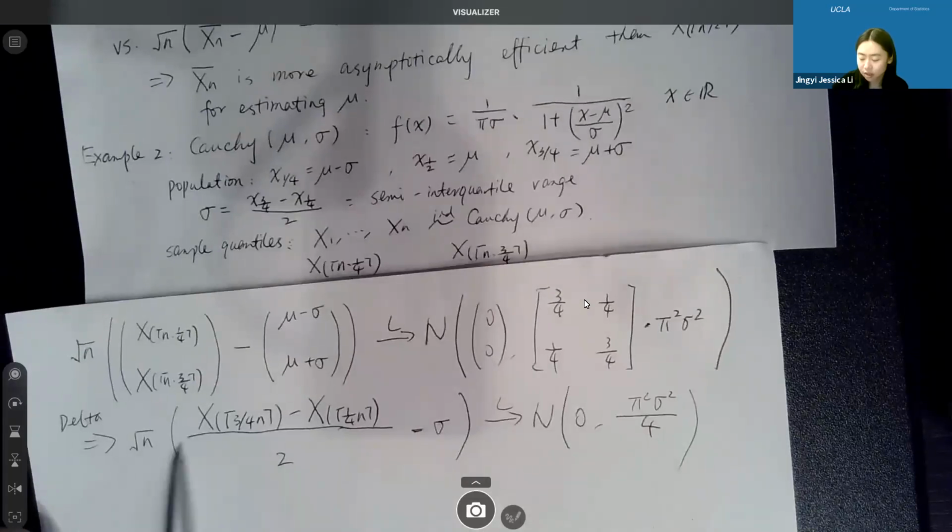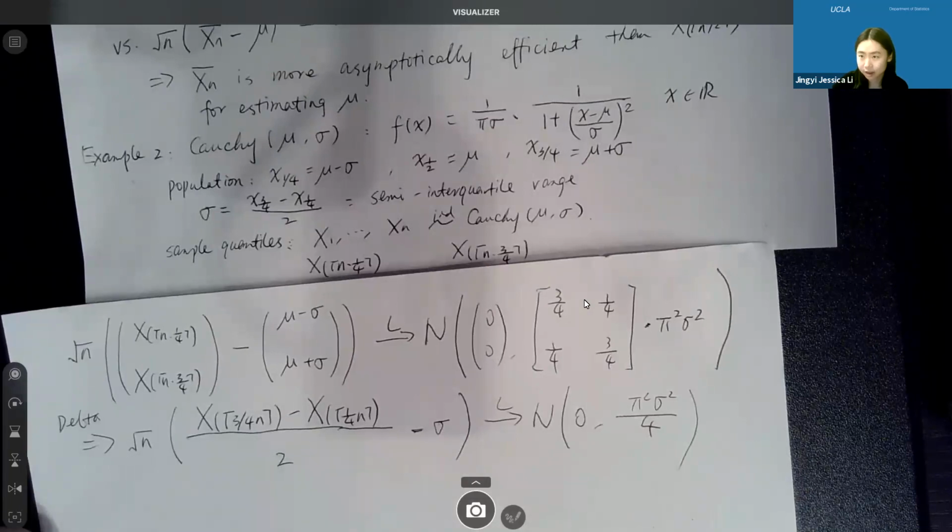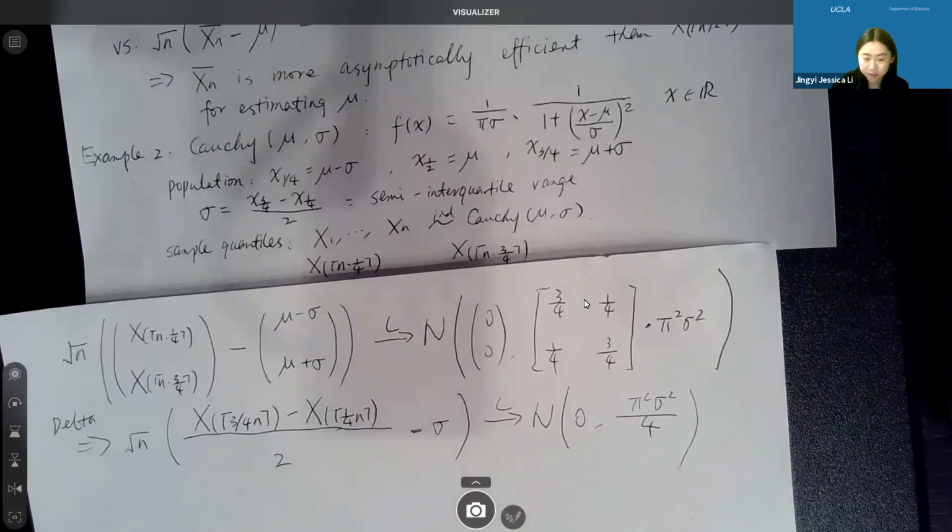But if we look at the sample quantiles, I'm not doing that sort of averaging. I'm just doing ordering, sorting. So I sort my observations from the smallest to largest, and I pick the corresponding order as my statistic. Okay. So that's all I want to say about sample quantiles. Do we have questions before we move on to our next topic?